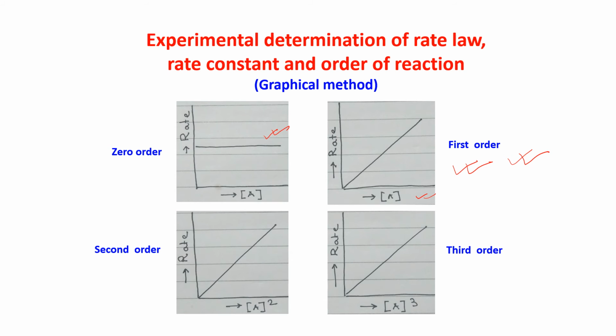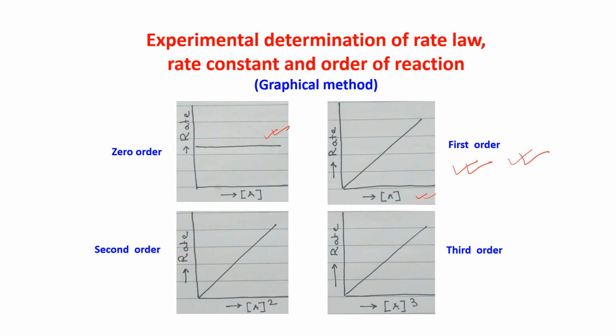Now if you are getting a straight line after plotting a graph with the rate of a reaction and the concentration of A, that means this reaction is a first order reaction.